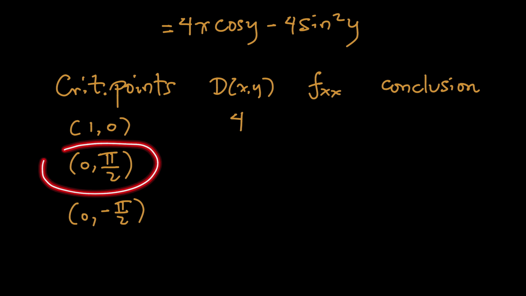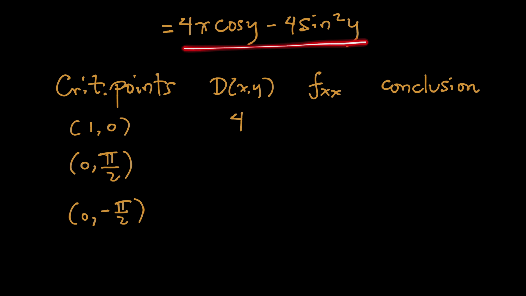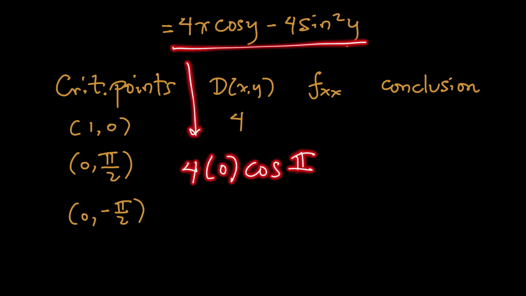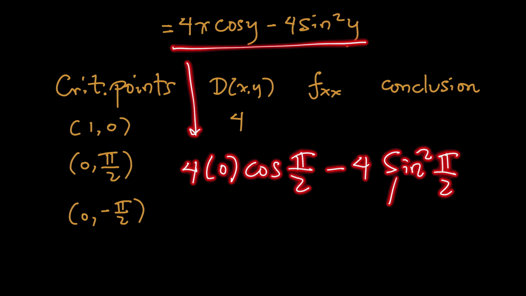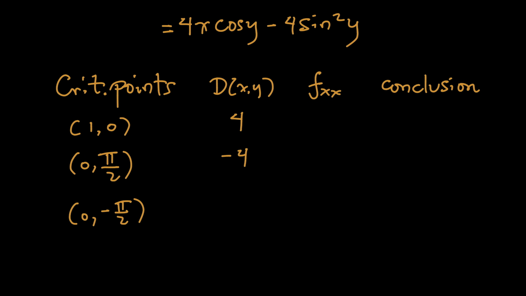For this critical point, we have 4 times 0 times cosine of pi over 2 minus 4 times sine of pi over 2 squared. This one is equal to 1, and this one reduces to 0 due to this x. And hence, we are left with negative 4. So therefore, we have negative 4 for this critical point.